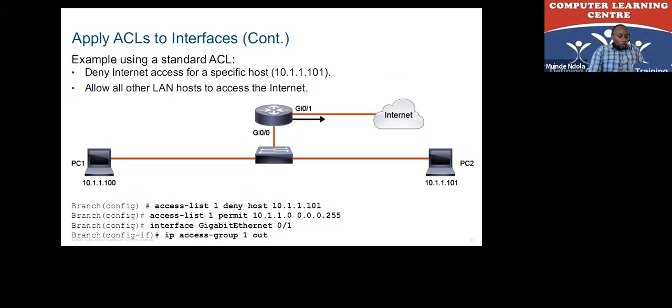Don't be too lenient. Don't be too open, or leave so many things allowed to go to the internet, because tomorrow you might have people who you don't want to go to the internet.